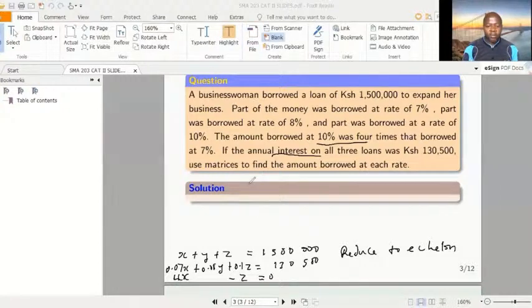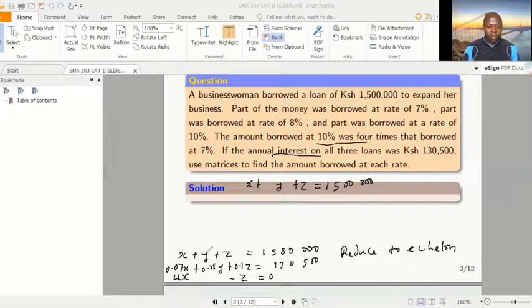Now, the first equation remains as x plus y plus z is 1,500,000. I want to multiply the first equation by 0.07 and subtract from the second equation so that I have 0 at this point. So 0.07x subtract from 0.07x equals 0.